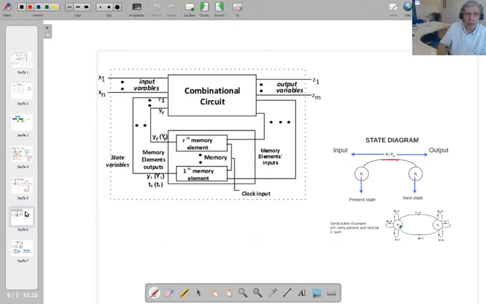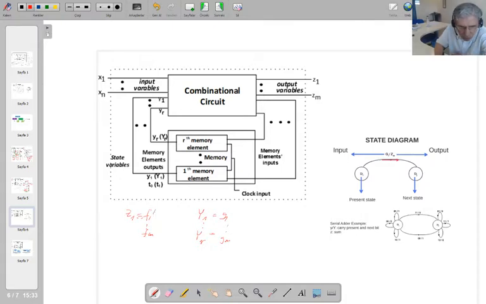The third model is called state diagram. In the state diagram, once again we're going to represent the output functions, which are f1 up to fm, and the next state functions, capital Y1 to capital YR, G1 to GM.